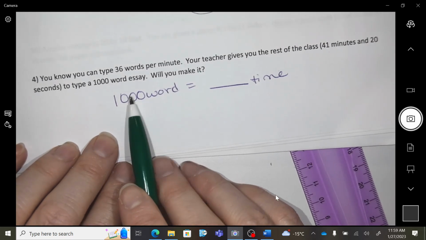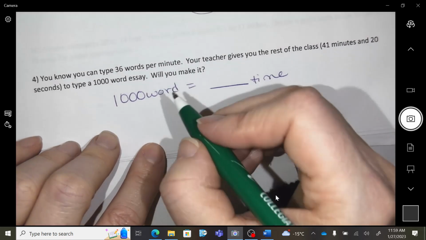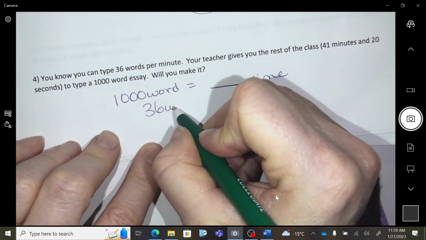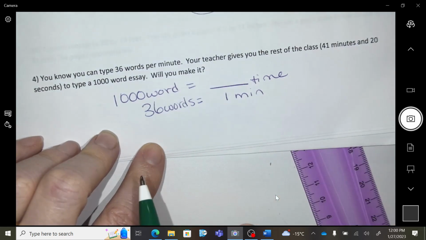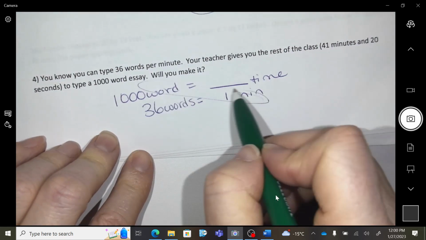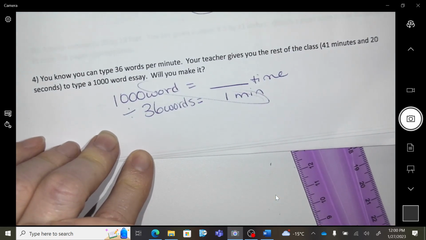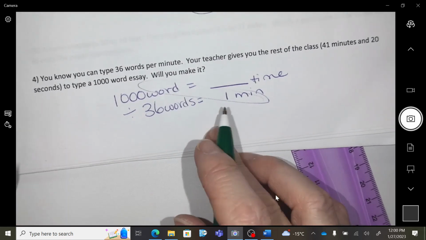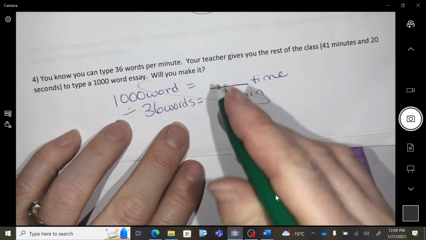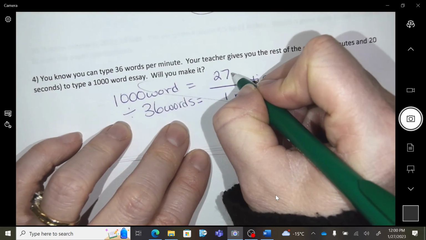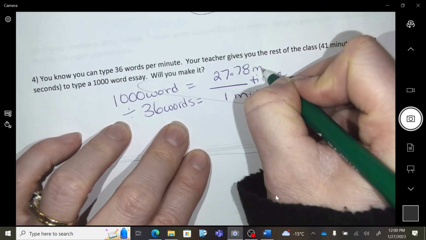Okay, so 1,000 words is how much time when I know 36 words is 1 minute. So if I times and divide, I will get an answer, obviously in minute form, right? 27.78 minutes.